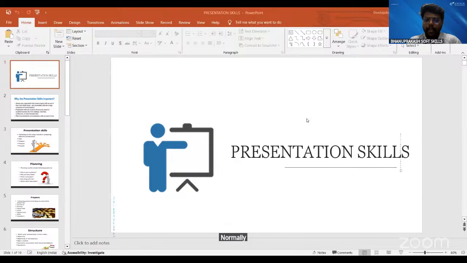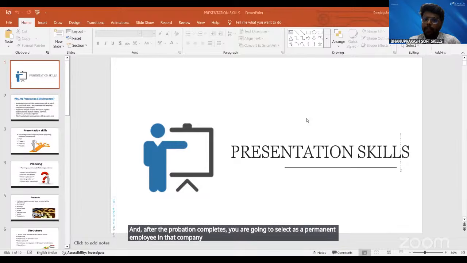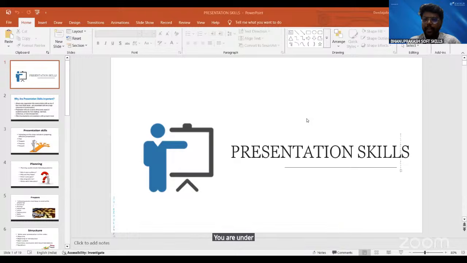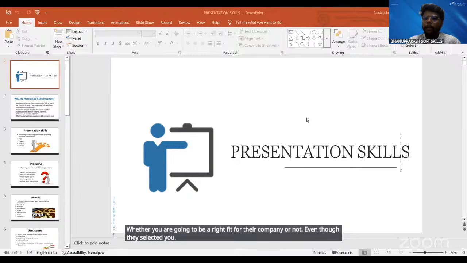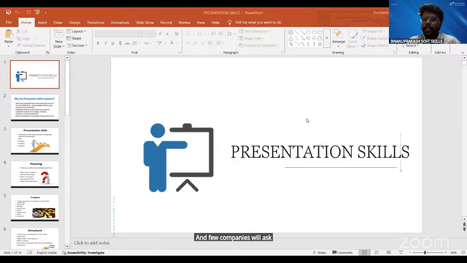Normally, once you join any company, you are under a probation period. After the probation completes, you are selected as a permanent employee in that company. Probation means you are under identification: they are continuously identifying whether you are going to be a right fit for their company or not, even though they selected you. Few companies will ask for a presentation before they enroll you as a permanent employee.